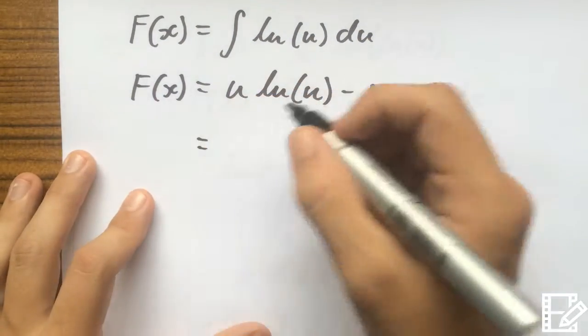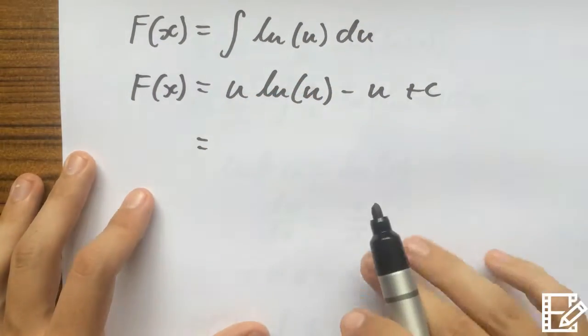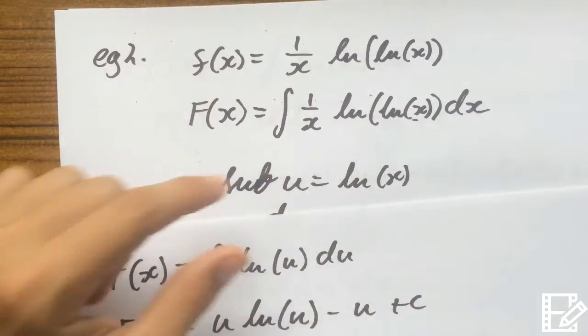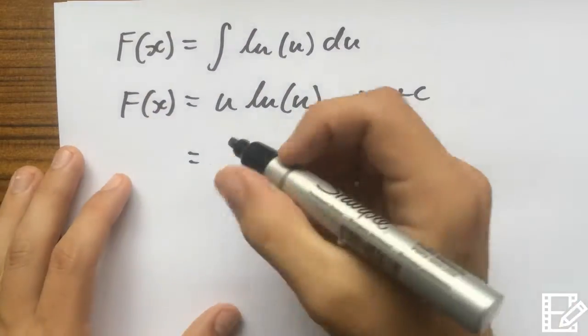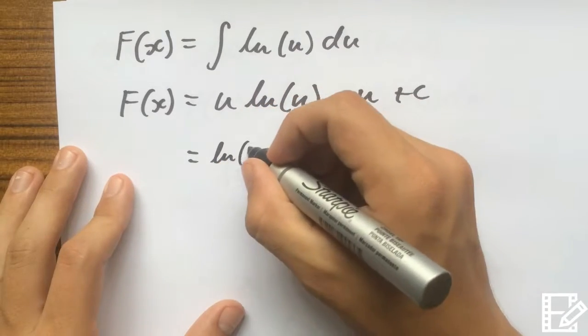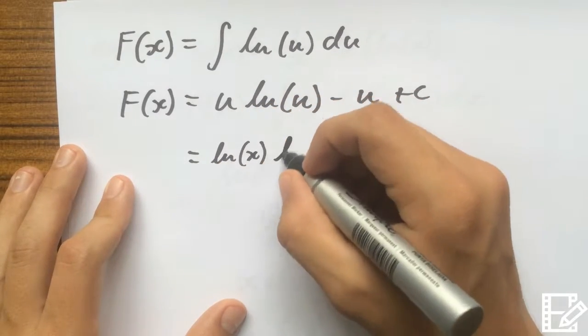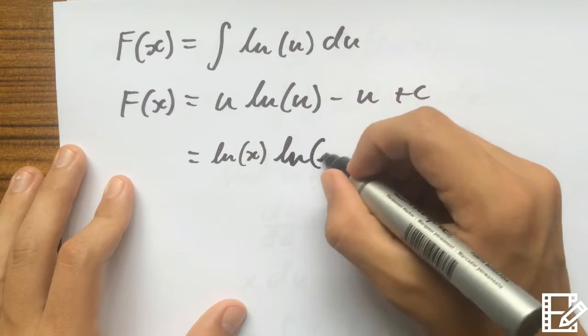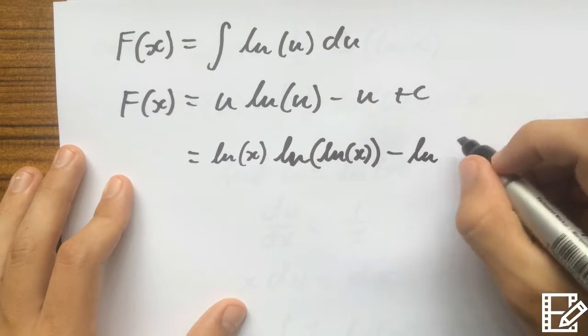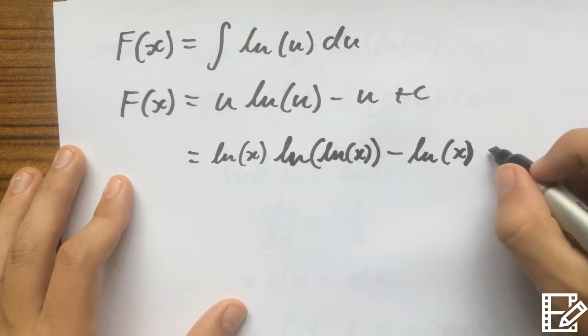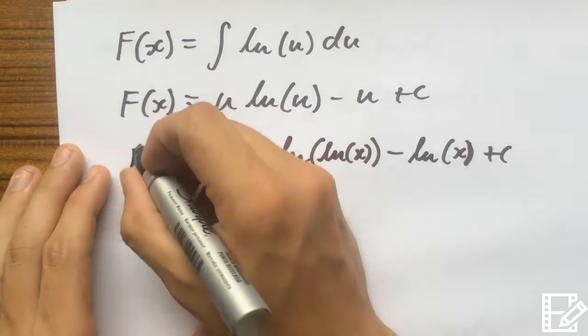Okay, now we want to sub back in whatever u is. Now we said u was ln of x, so we're going to sub that back in now. So we have ln of x multiplied by ln of x minus ln of x plus c.